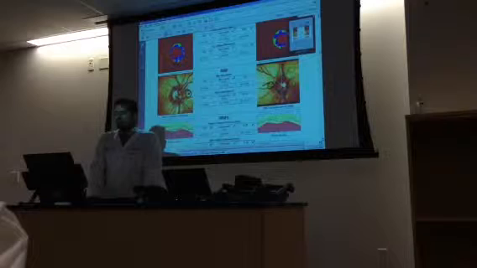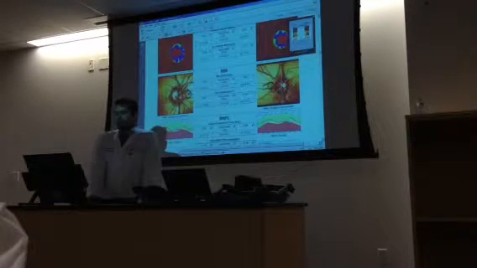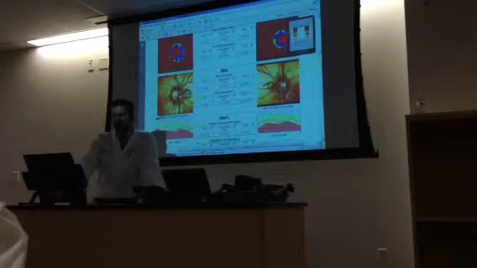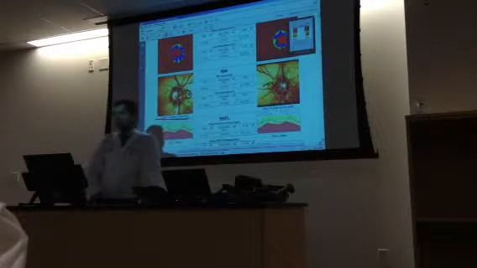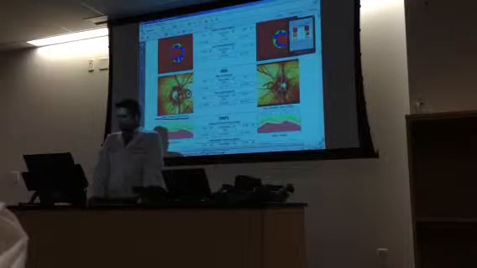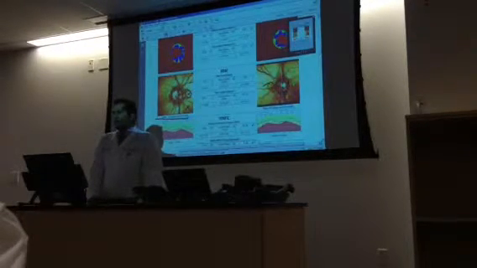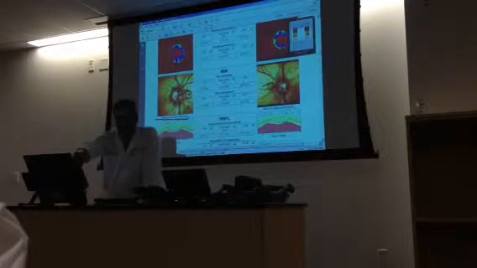You need to write down which sectors are outside normal limits or borderline. If one of these sectors is outside normal limits or borderline, then the Moorfield's regression analysis, MRA, will be outside normal limits. MRA is the most predictive factor in telling you who is suspicious for the disease.